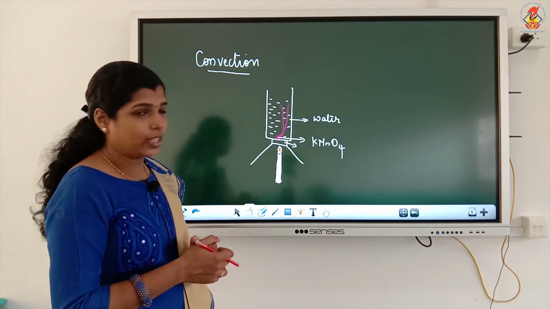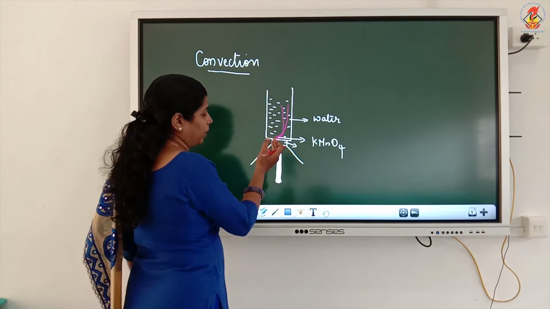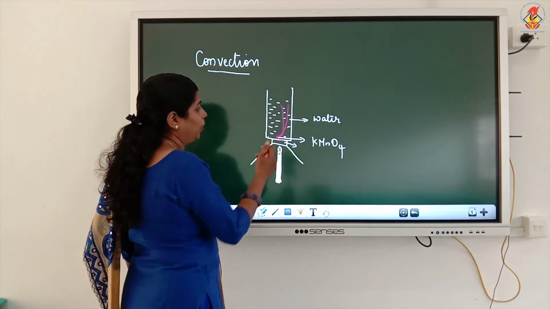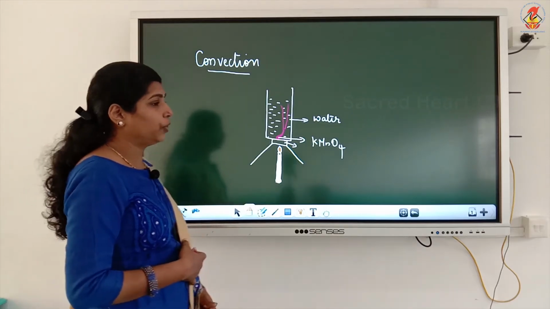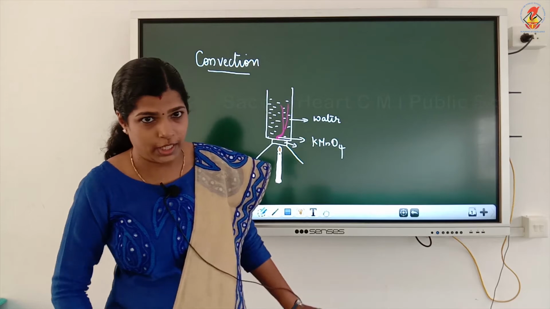The reason I will explain to you. When you heat this water, the water at the bottom of the beaker will be heated first.